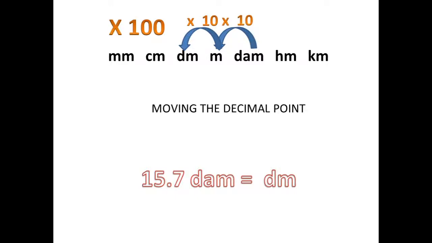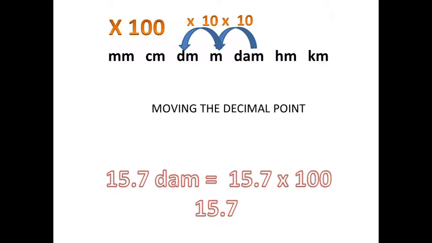So that's easy, because all we have to do is multiply 15.7 by 100. So we're going to move the decimal point right twice, because it's 100. Once, twice. So there we have it. 1,570 decimeters. So it's pretty easy.